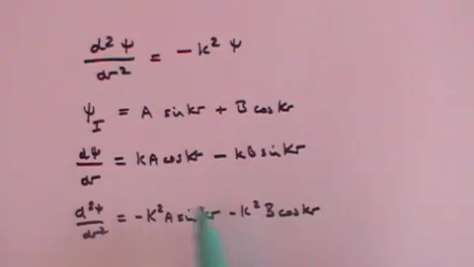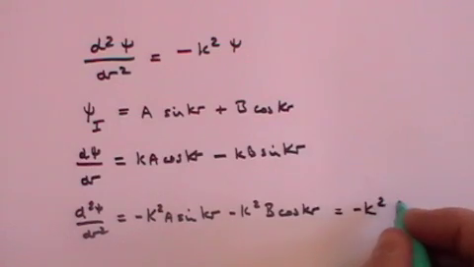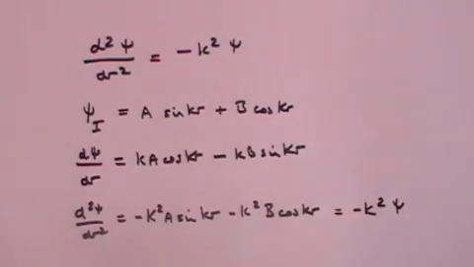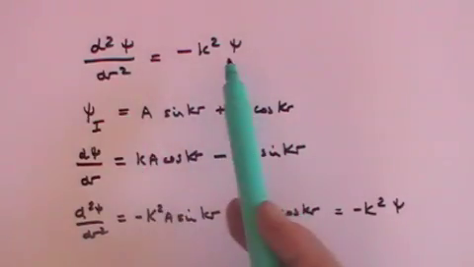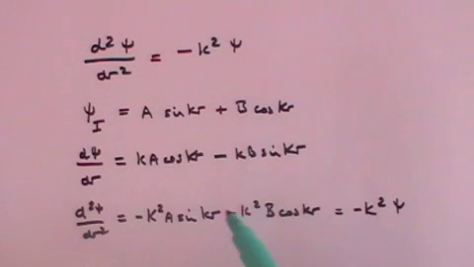But if you take the minus k squareds outside, you're left with a sine kr plus b cosine kr, which is psi. So this is simply equal to minus k squared psi, which is what I've got up here. So that is entirely consistent. Right. This equation can be satisfied with a wave equation which is oscillatory.